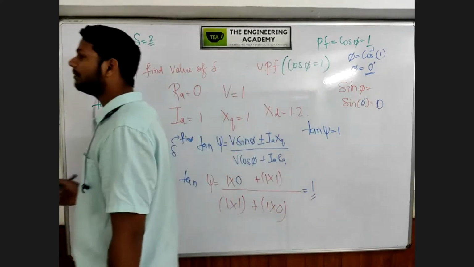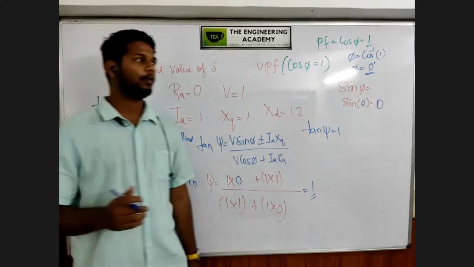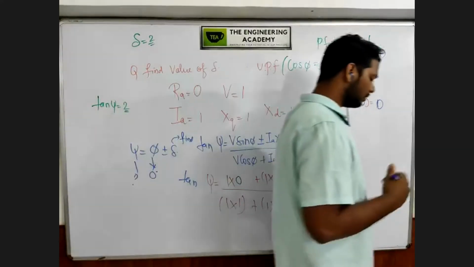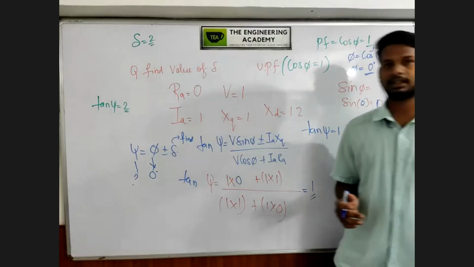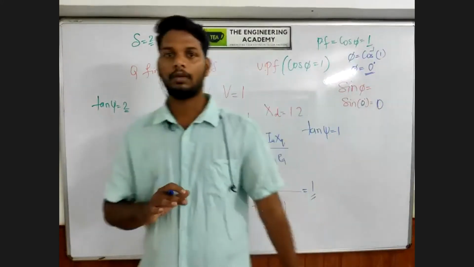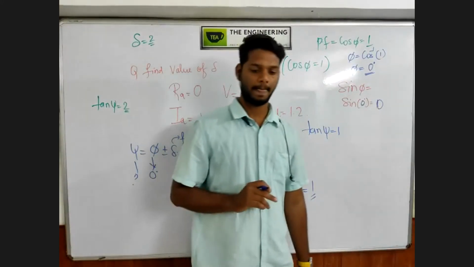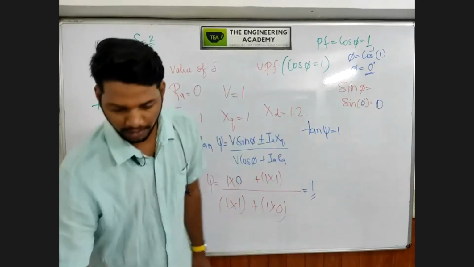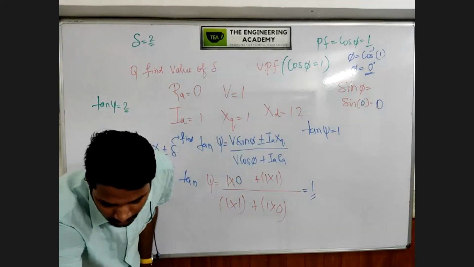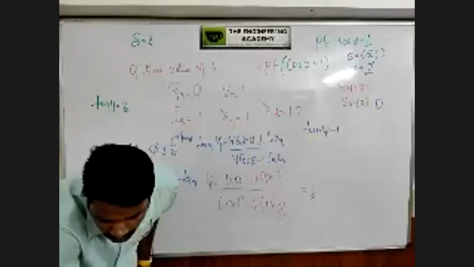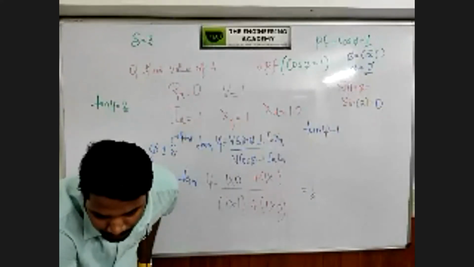Can anyone tell me for what angle the value of tan is 1? 45. Good, 45.